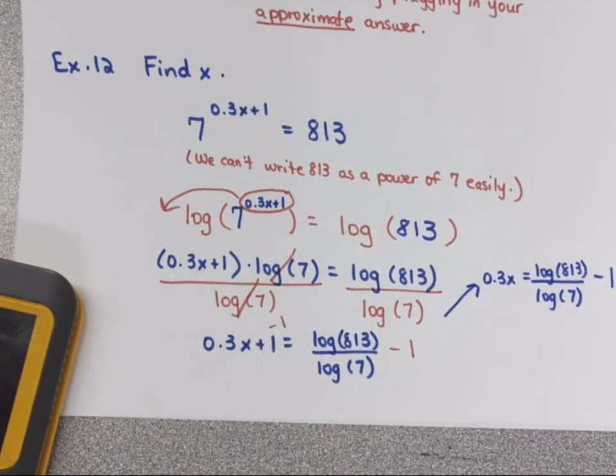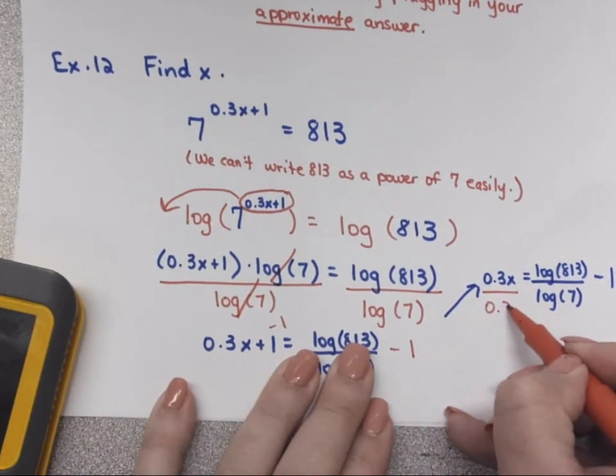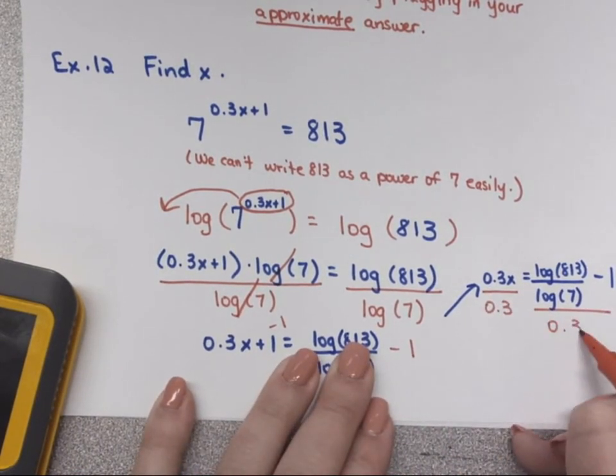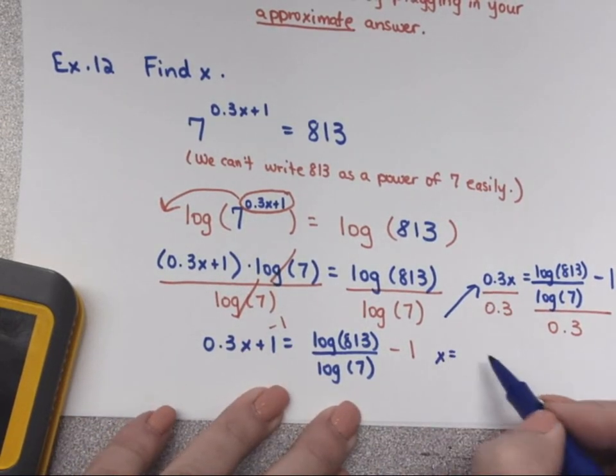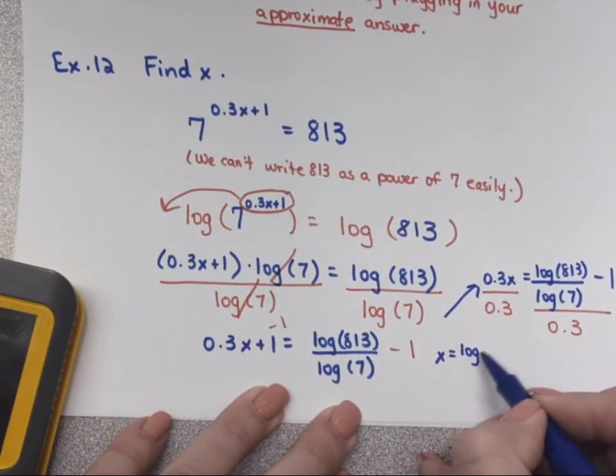So what's my final step then if I want x isolated? Yeah, divide by 0.3. So we may not love how this answer looks, but this is an answer that could be plugged into our calculator just the same as anything else.